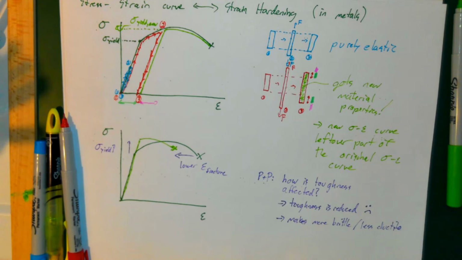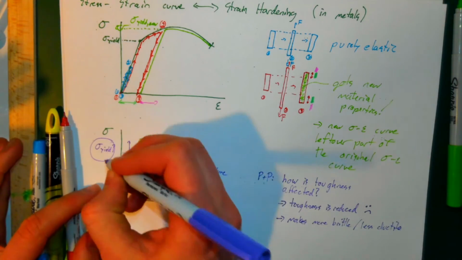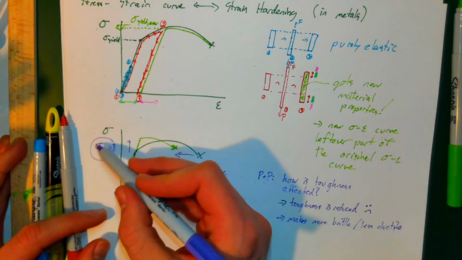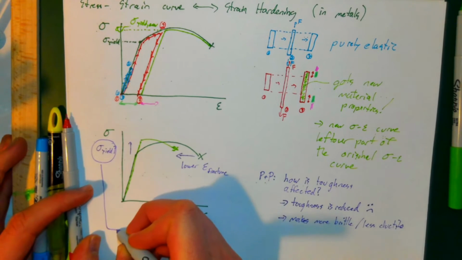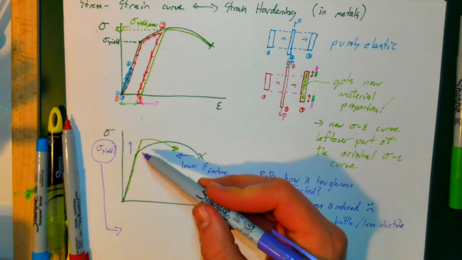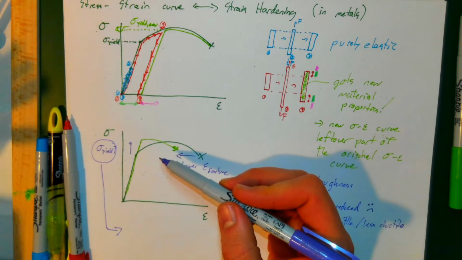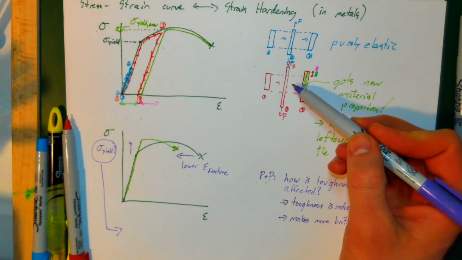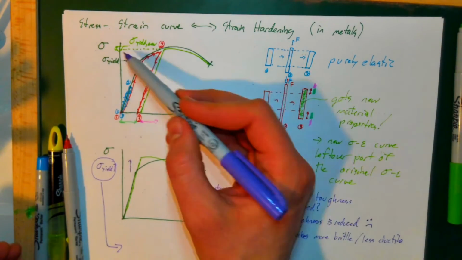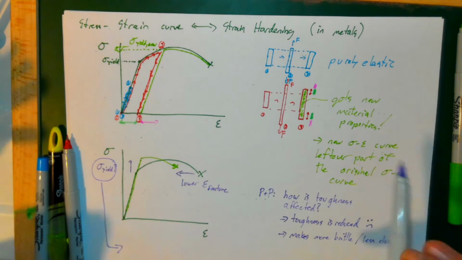This is something we're usually sad about. But there might be some circumstances where toughness isn't that important. A high yield stress is important. So this idea of strain hardening is basically, we don't even need to get a new material at all. Just by strain hardening something, you can actually increase its yield stress.